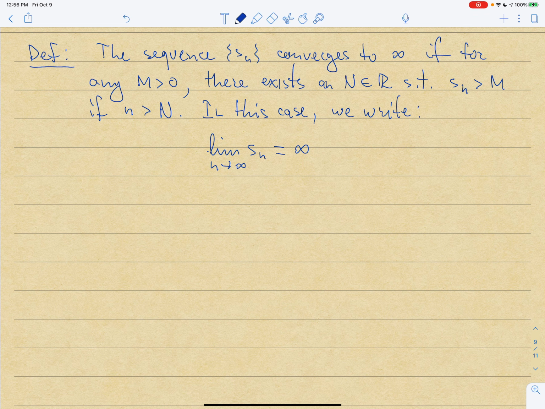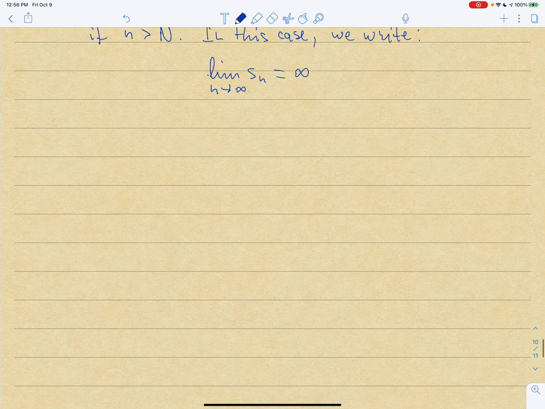I hope it makes sense that the previous definition of a limit is not going to work in this case the way we wrote it. Let's see if we can use the previous definition of a limit here. So limit n goes to infinity of Sn equal to infinity.